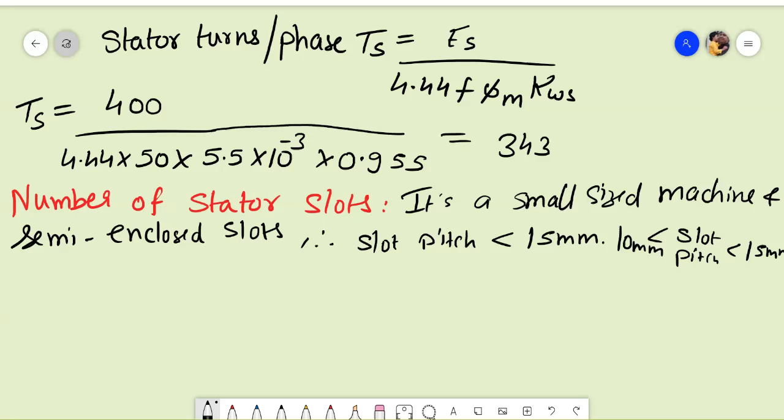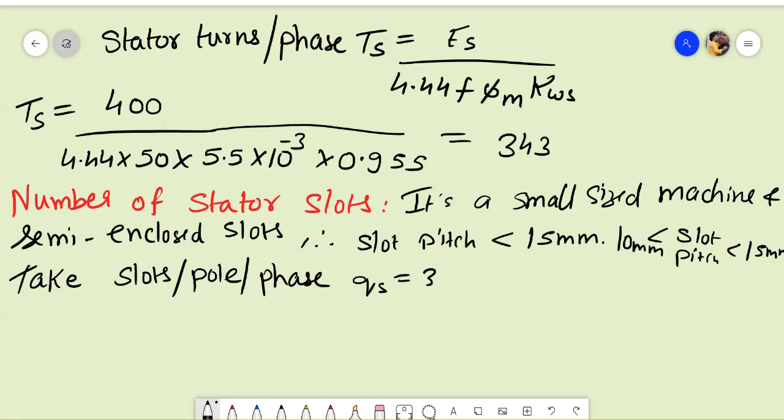Okay, so let us take slots per pole per phase, which is given by QS is equal to 3.